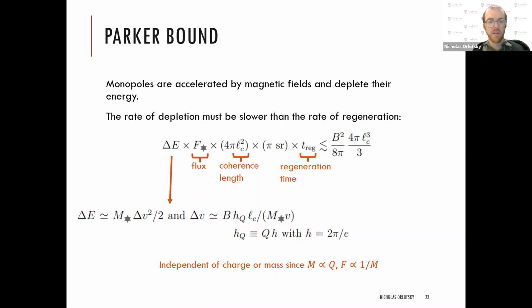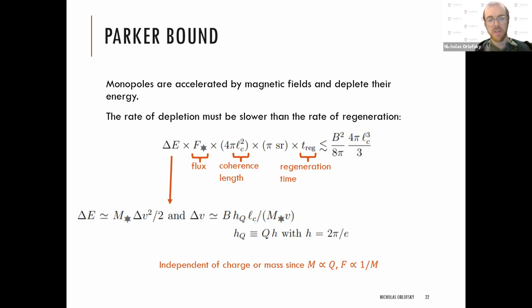Now, a little bit of magic happens here for magnetic black holes. Normally, there's this factor of mass here that cancels with a factor of mass in the flux. If the mass is larger, then there are fewer particles, so the flux is adjusted to keep the flux constant. But then this delta V depends on the charge divided by the mass.